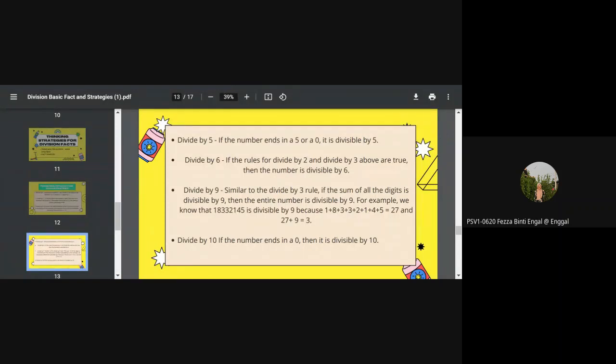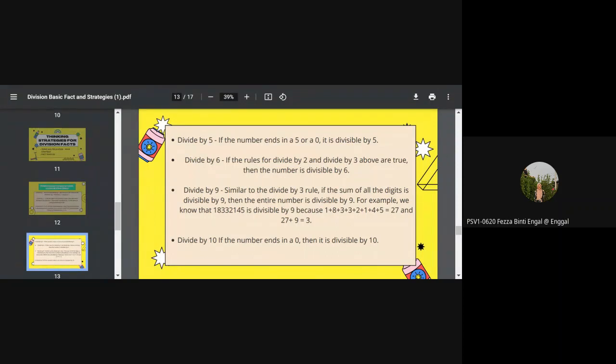Next, divide by 6. If the rules for divide by 2 and divide by 3 are true, then the number is divisible by 6. Next, divide by 9. If the sum of all digits is divisible by 9, then the entire number is divisible by 9.